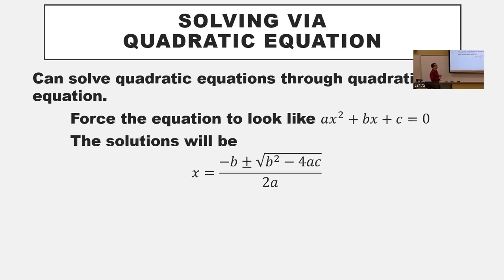For most people, this one is easier to use than the completing the square. So in class, I tend to use the quadratic equation more than completing the square. It's kind of like having two tools that do the same thing.